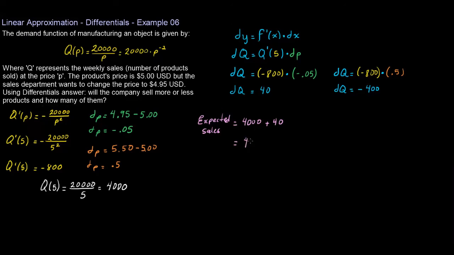So we'll be expecting to sell 4,040 products. Now, for the case that we raise the price, our expected sales will be 4,000 minus 400, because we are raising the price and selling fewer products. We'll be selling 3,600 products for that week.